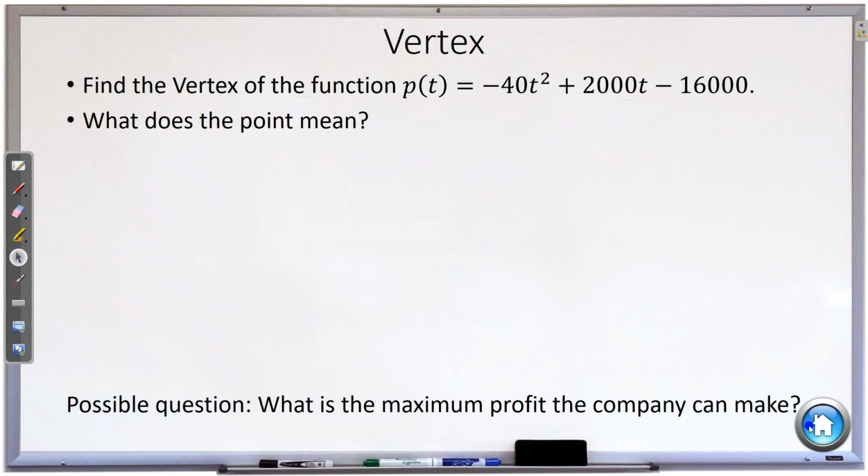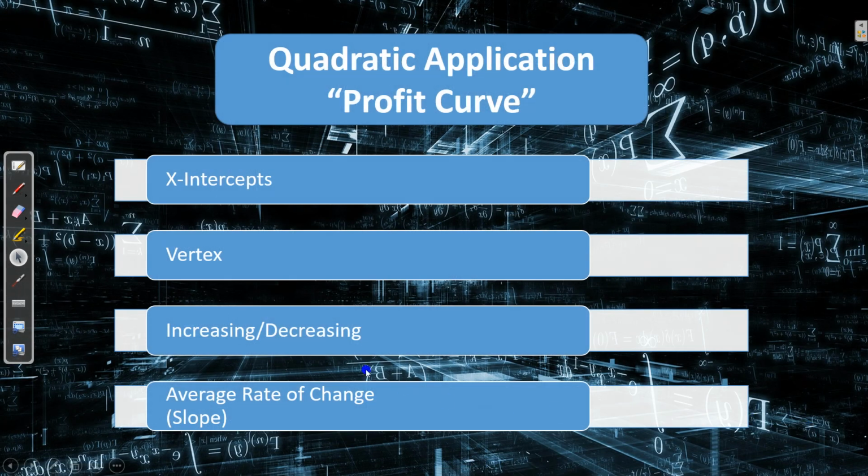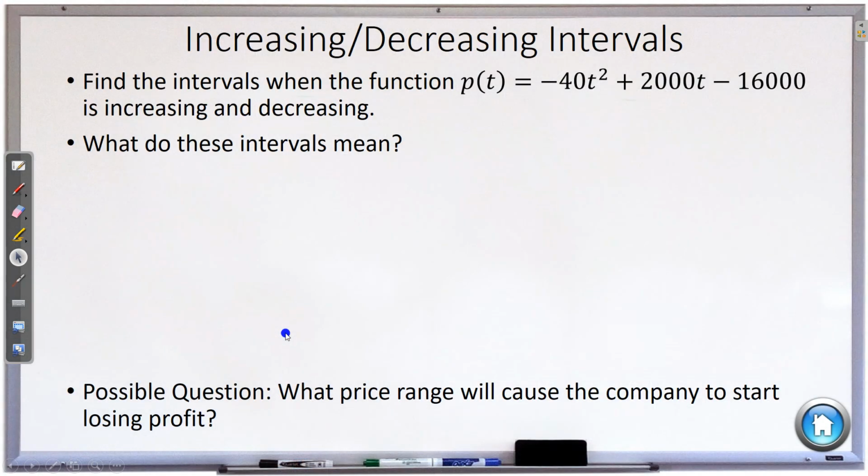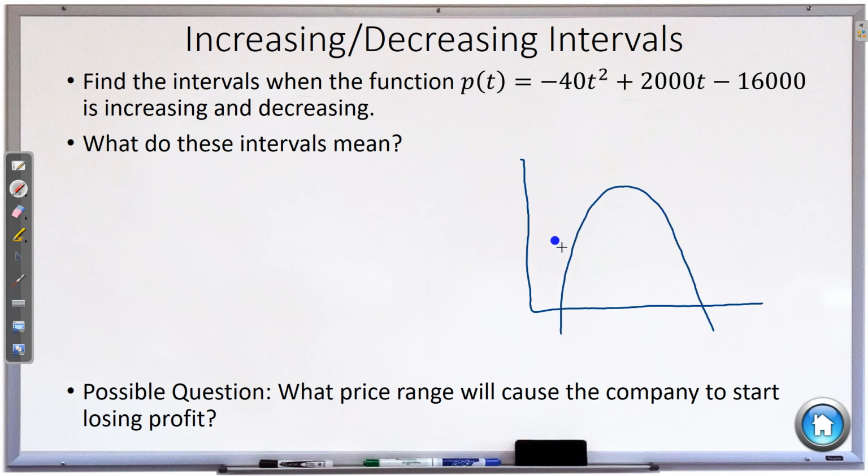What else do we have here? Increasing or decreasing. So find the intervals when this function is increasing and decreasing, and what do those intervals mean? We've done most of the hard part already, and so I'm just going to redraw this. We've got our parabola. So it goes up.